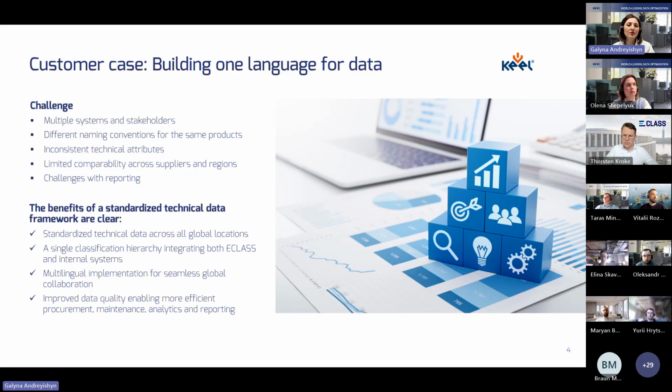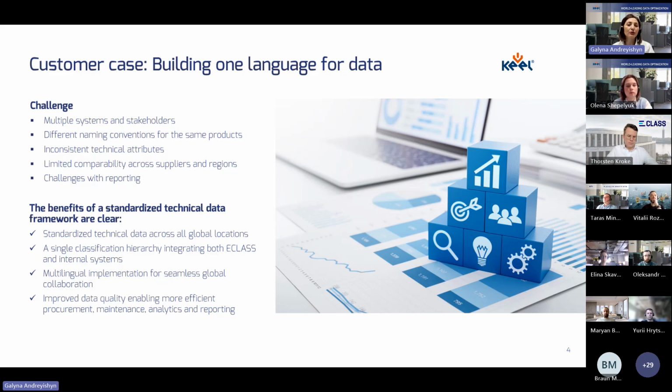So equipment descriptions, property names, and value lists had to be aligned across all 5 required languages. ECLASS proved to be the best option, as it could be implemented directly within the customer's SAP classification systems. The migration followed the ETL structure, maybe you know, extract, transform, load approach, including data cleansing, enrichment, and validation to ensure quality before go live.